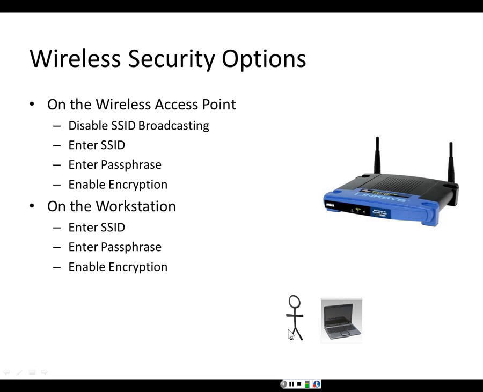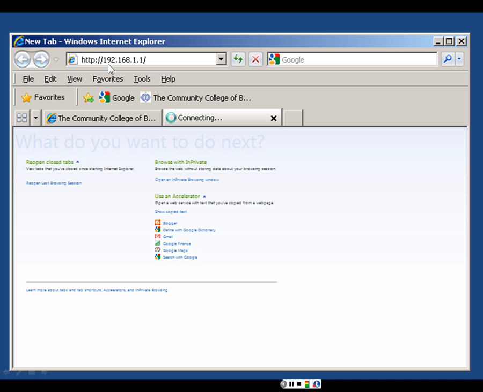Then we go to the workstation and we do the same thing. We enter the service set identifier, the passphrase, obviously the same passphrase that was entered on the wireless access point, and we enable encryption. To connect to the wireless access point in most networks, typically the wireless access point, not always, is going to be 192.168.1.1.